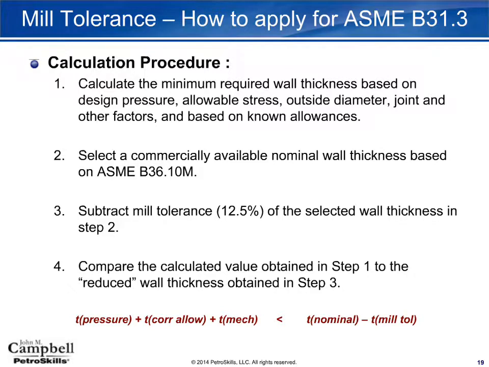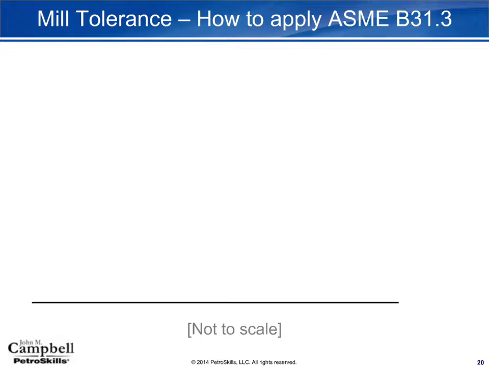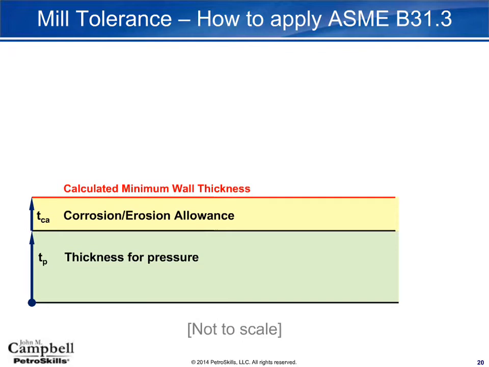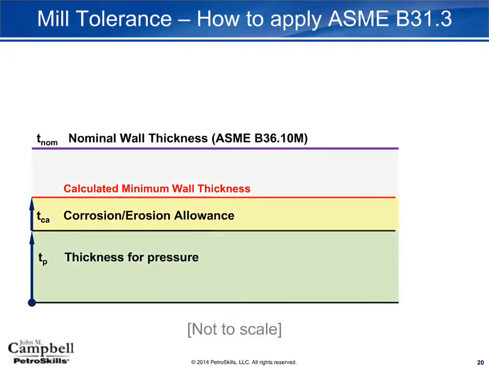So here's my thickness for pressure. That's my calculation based on hoop stress. Then I've got some allowances: corrosion, erosion, mechanical allowances if I've got threads, and that results in a calculated minimum wall thickness. Then I would select a wall thickness from B36.10M, what is commonly available on the market.